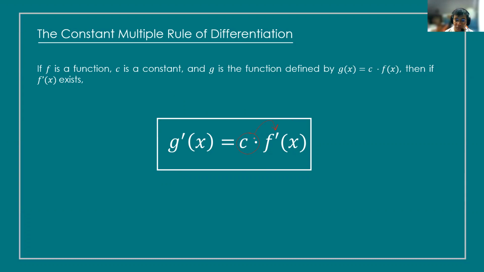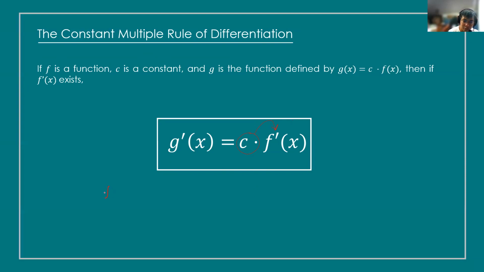So I think you'll be able to appreciate this once we get to the other rules. So I'll just combine the other rules so that you'll be able to appreciate this property. So again, constant rule: you just take the constant outside and then get the derivative of the function and then multiply it again with the constant.